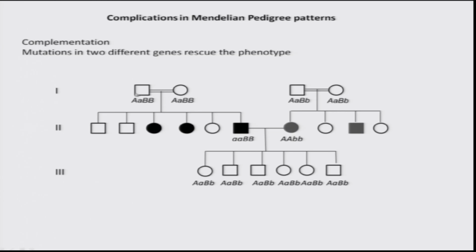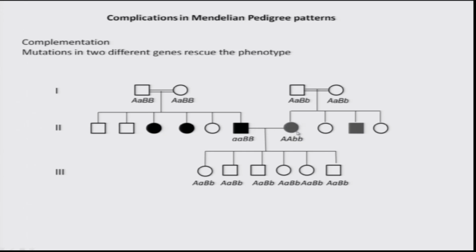And you have heterozygous parents, and you look at this particular individual who is having the defective allele in homozygous condition, therefore he is showing the symptoms, and he is married to an individual again having a very similar condition, but she is having a defect in altogether a different gene, and that condition is also recessive, and therefore you have both copies in homozygous condition, and she is showing the symptoms.